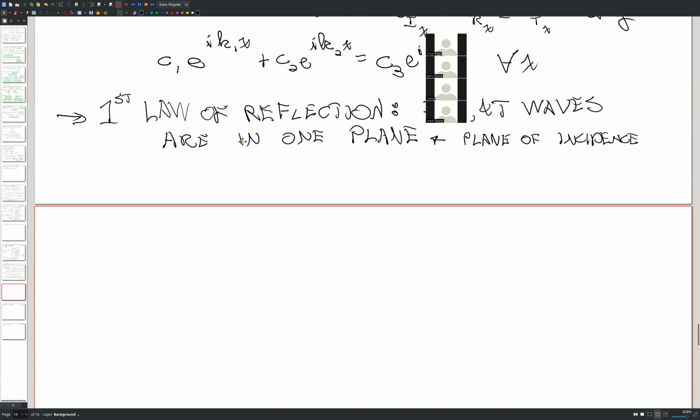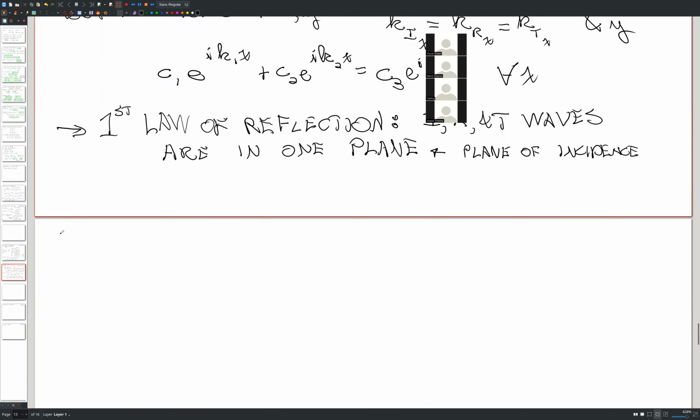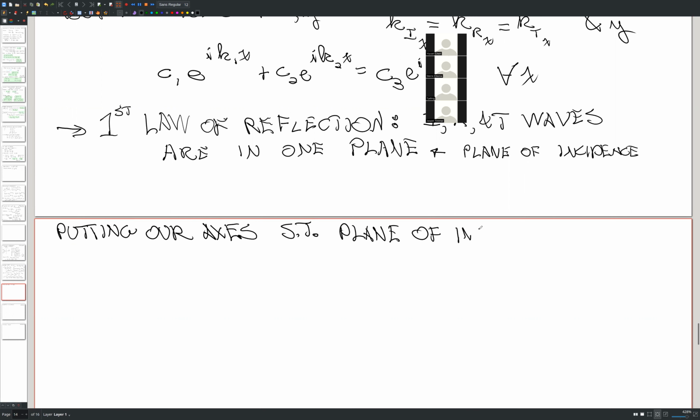So the other law that I get. Putting our axes such that the plane of incidence is equal to the xz plane, what I get is the relationship k_i x is equal to k_r x is equal to k_t x.